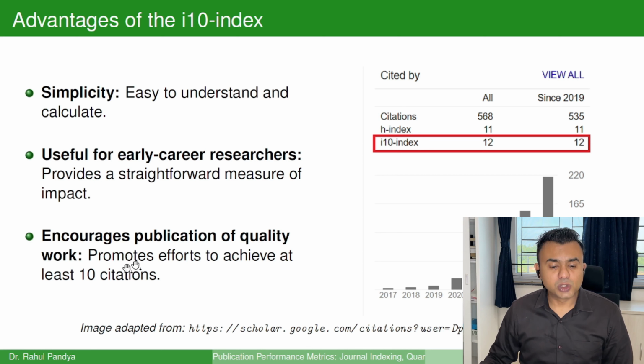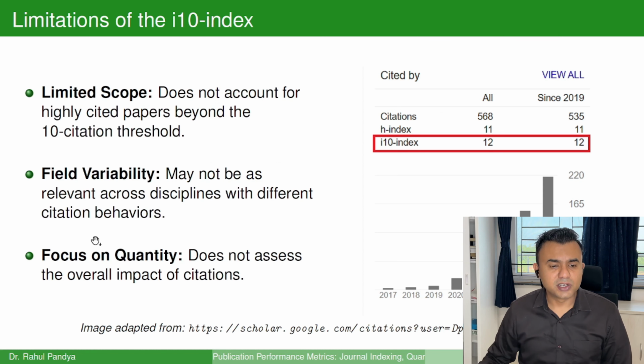It encourages publication quality, because at least we can look at how many i10 papers there are. Papers cited more than 10 times hold higher quality among the other papers, and the overall number of i10 papers says something about the researcher's capability of influencing the field.